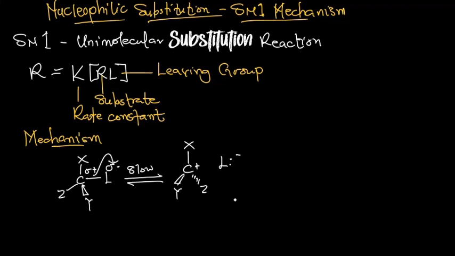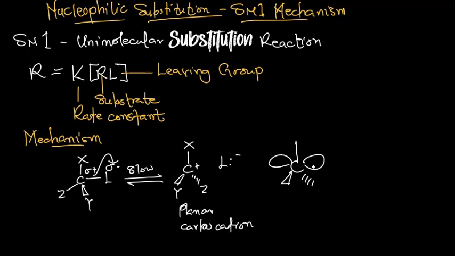So basically what we have here is a planar carbocation. The carbon is sp2 hybridized. So these bonds, we have 6 bonding electrons here, but then we also have an empty p orbital over there, which is where the nucleophile will be attacking on the carbon to form the last bond.